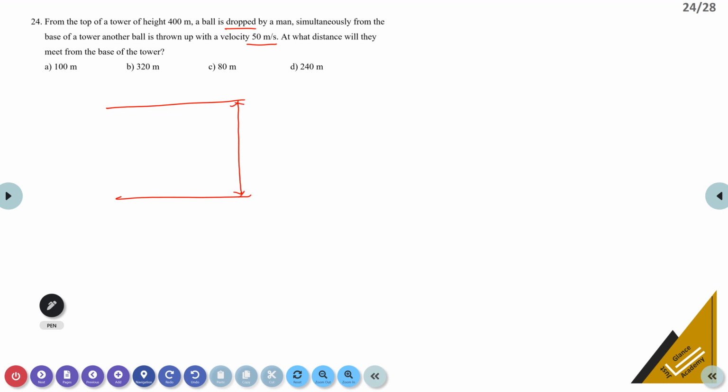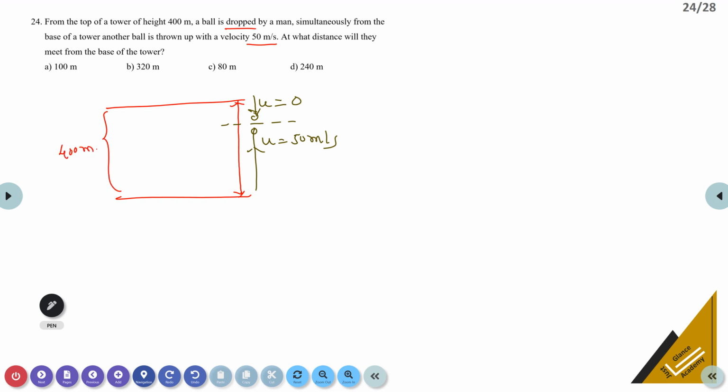Here one ball is dropped like this, in the downward direction, and another ball is thrown like this. This velocity equal to 0, and this velocity equal to 50 meter per second. Both will meet at this point.